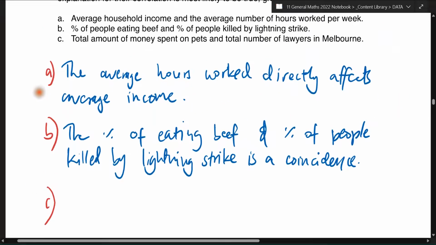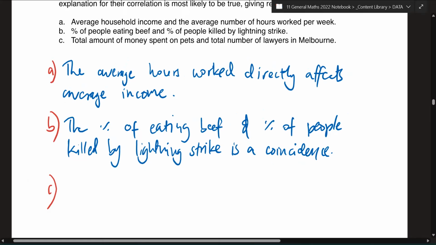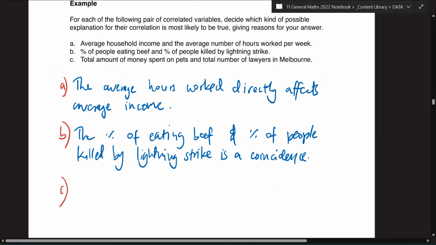All right, the amount of money spent on pets and the total number of lawyers in Melbourne. So the amount of money spent on pets could be insurance, healthcare, medical bills, that kind of stuff, and the total number of lawyers in Melbourne. They may not be totally connected, but can you think of other reasons why they are happening? Would you agree that there could be other reasons?